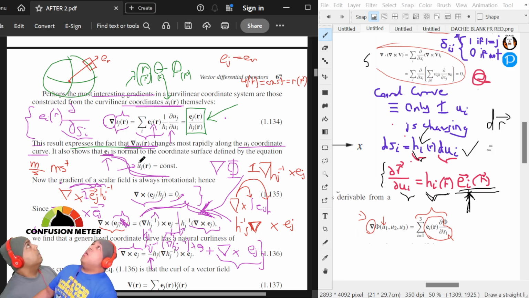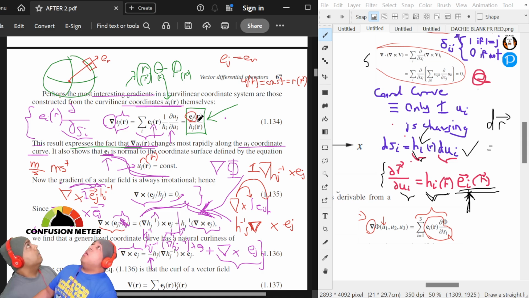So r of r, the gradient of r equals the sum of the e_i's, del s_i, del u_j, del r.